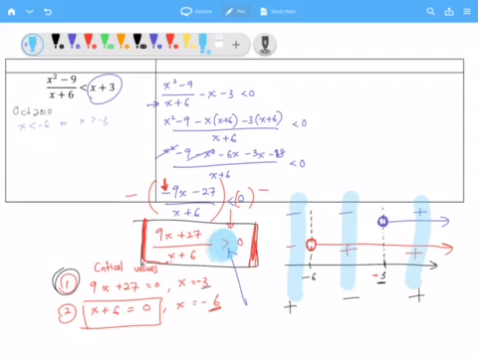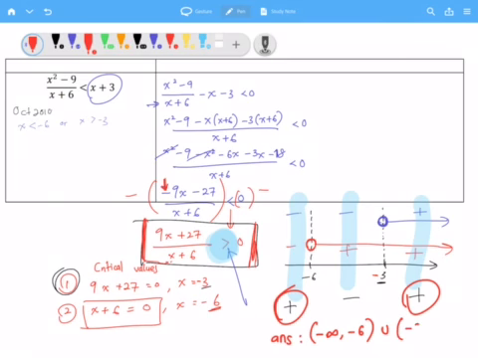Okay, you only want to get a positive value. So the answer that you choose is this one and this one. So the answer will be anything lower than negative 6 union with anything higher than negative 3.